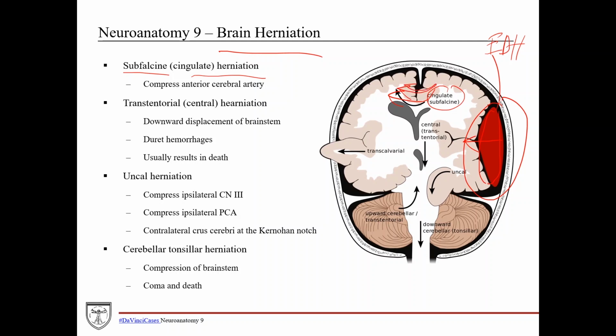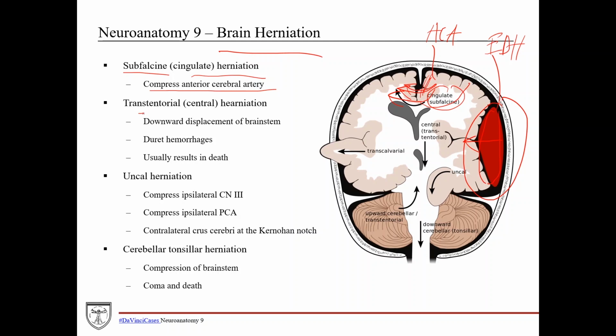By herniating in this region, you can cause compression of one or both of the anterior cerebral arteries, because if you remember, this corresponds to the area of distribution of the ACA. So essentially this can cause an ACA stroke because you can compress it and cause ischemia to this region of the brain, because again, you have the branches of the anterior cerebral artery traveling in this medial portion here.